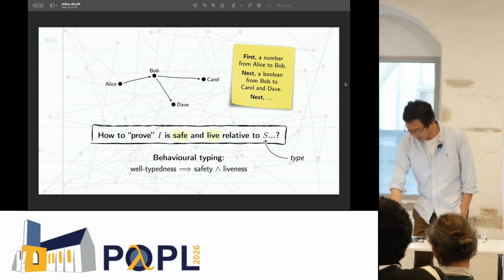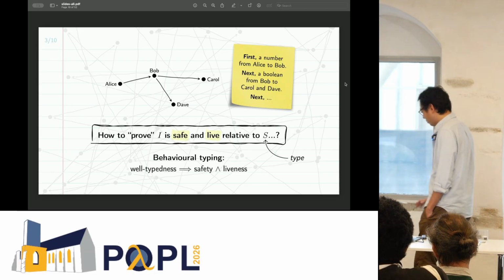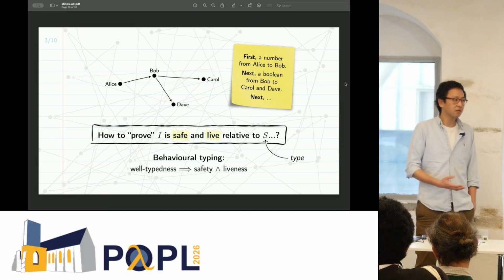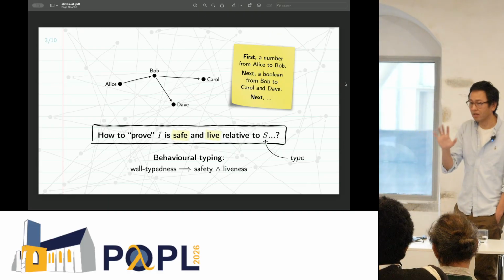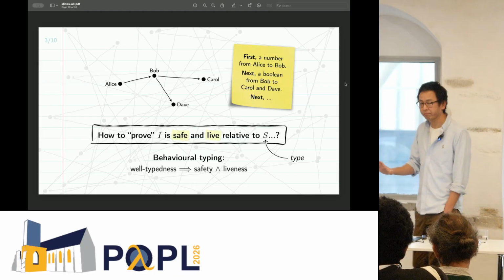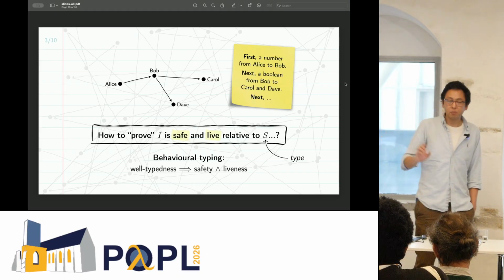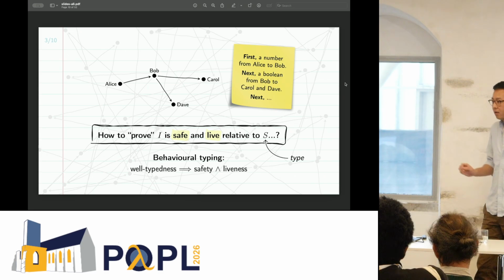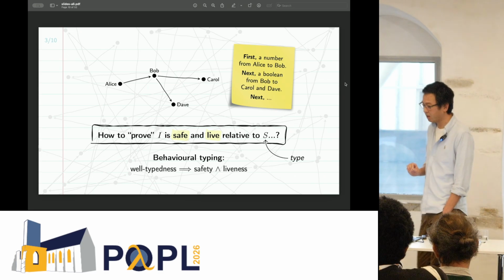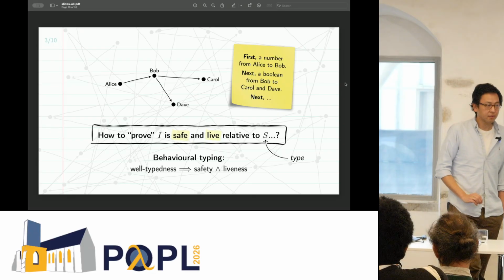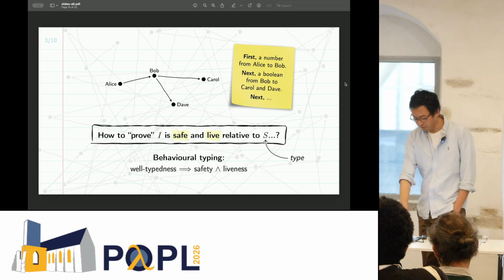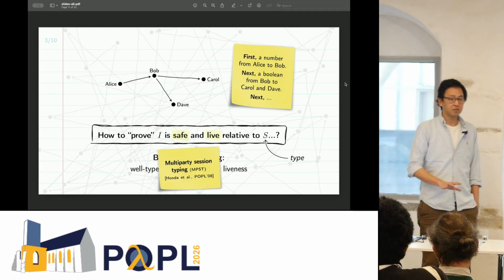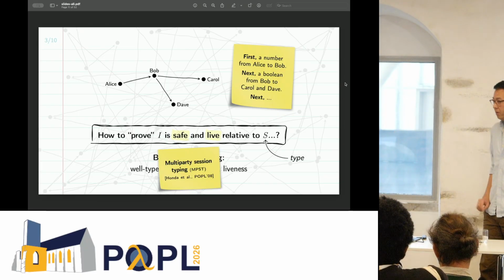Okay, so the idea behind these type systems is that they will be sound in the sense that if each of the processes is individually well typed at compile time, then we want to conclude that the parallel composition of those processes is safe and live at runtime, right? That is the goal. Now, in general, this is called behavioral typing, and one particular flavor of behavioral typing is multi-party session typing, and that is what we look at in this paper.